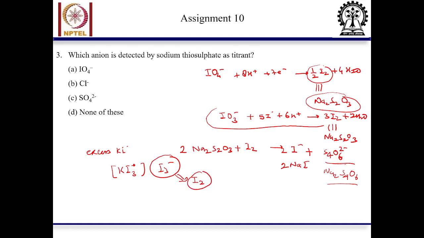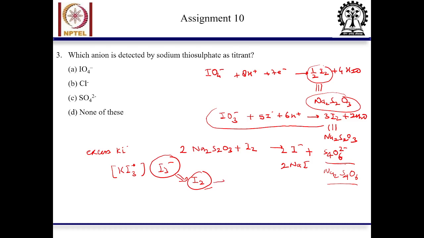Iodine is very volatile, so you should not shake the solution vigorously, because iodine will evaporate if you shake it vigorously while doing the titration.